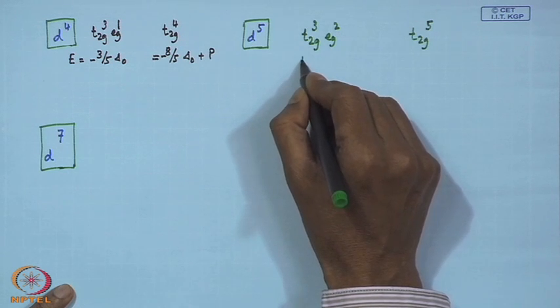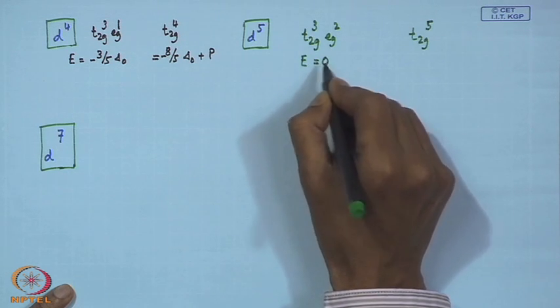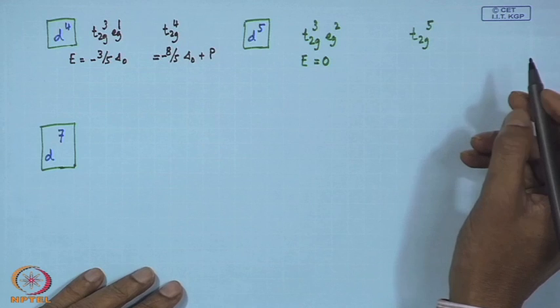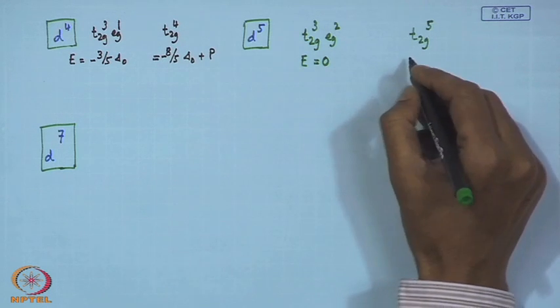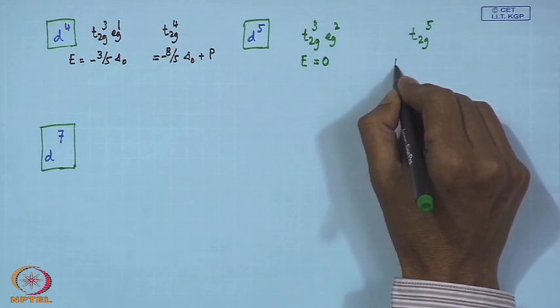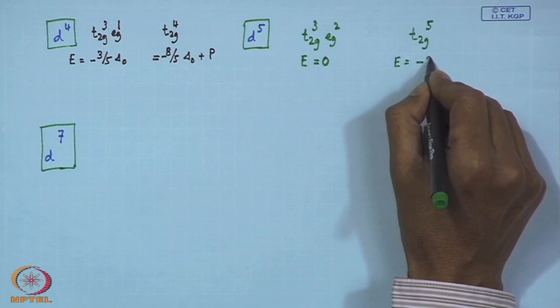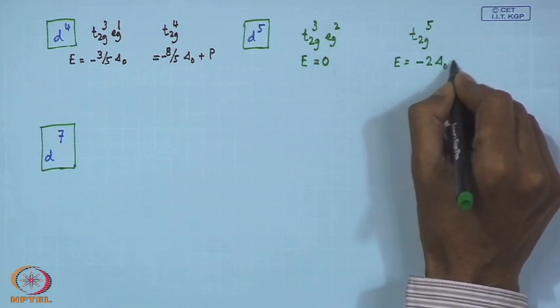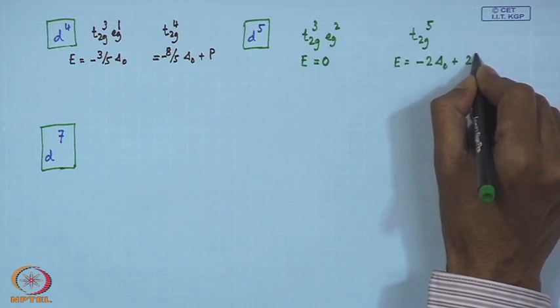For the high spin situation E is equal to 0, no crystal field stabilization, and for the low spin E is equal to minus 2 delta O plus 2P.